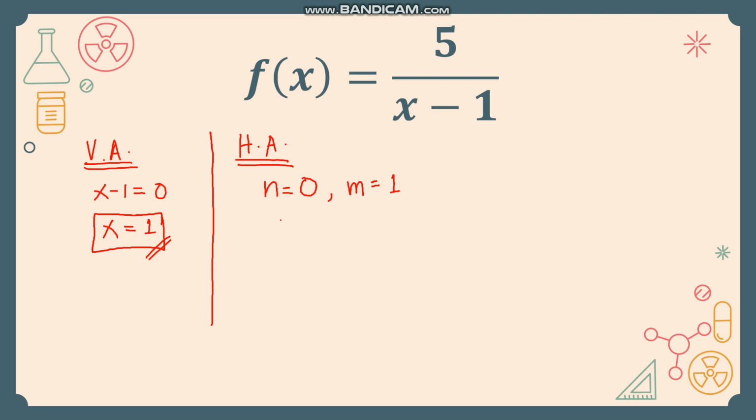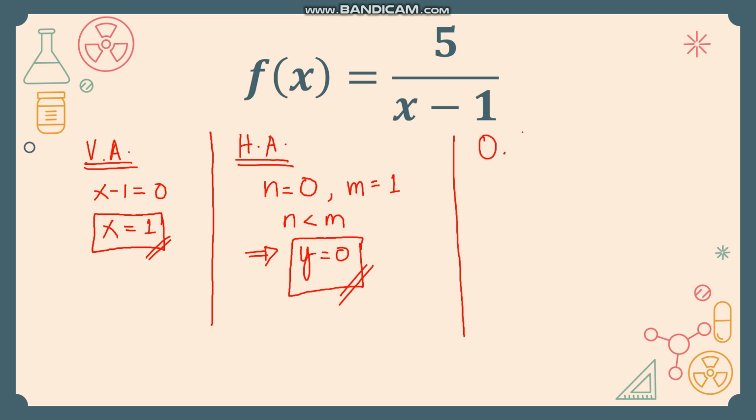Now comparing the two, we can say that n is less than m because 0 is less than 1. If n is less than m, our horizontal asymptote is automatically y equals 0. So the horizontal asymptote of this given function is y equals 0.